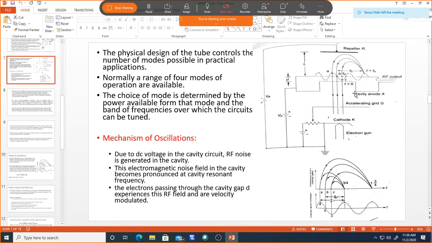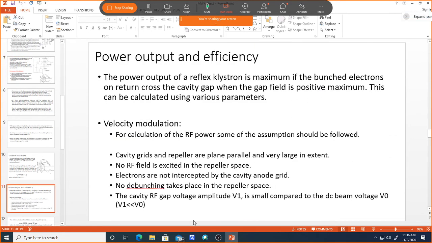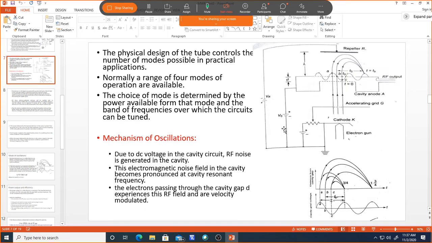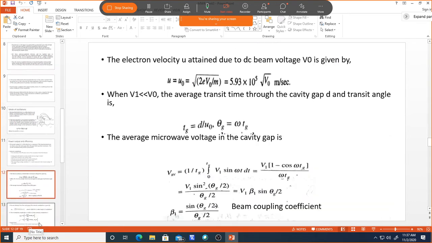So the RF cavity gap voltage amplitude V1 should be very small compared to the beam voltage. With these assumptions we can calculate the power output and efficiency.